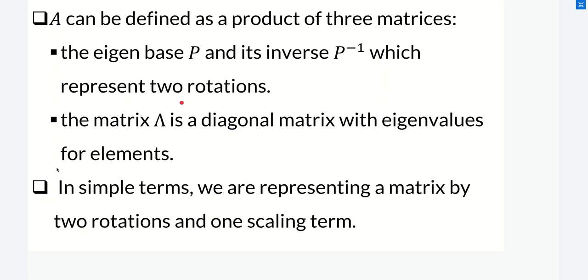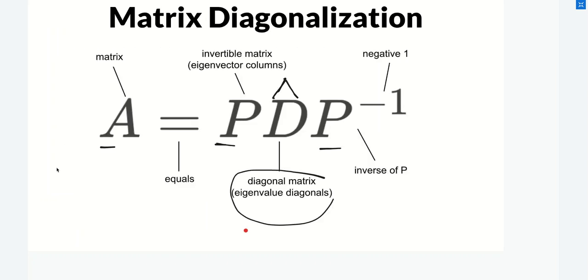Now, one of the things we will be doing when you try to multiply matrices, not vectors, is that this formula is going to help us find the product of matrices. So when I ask you to find the square of a matrix, what are you going to do? You're going to multiply the matrix by itself.